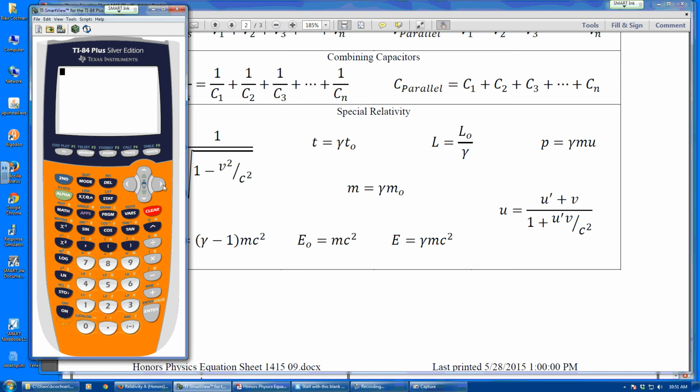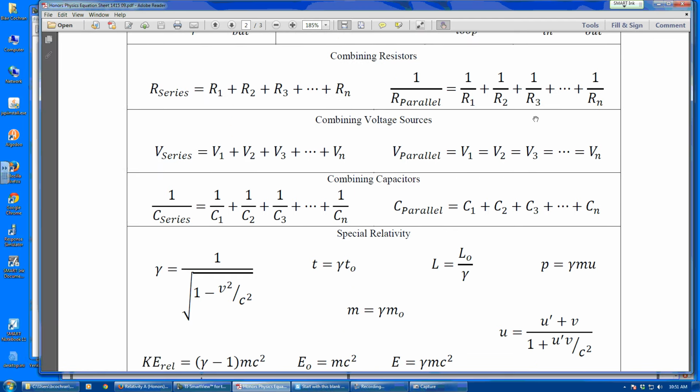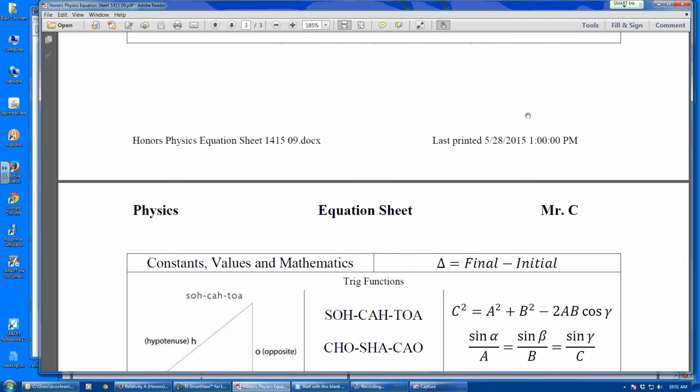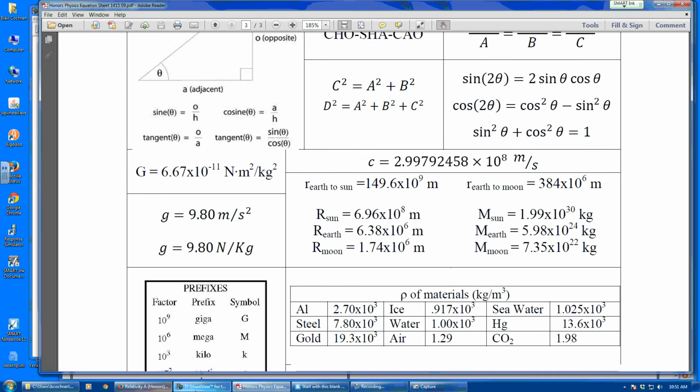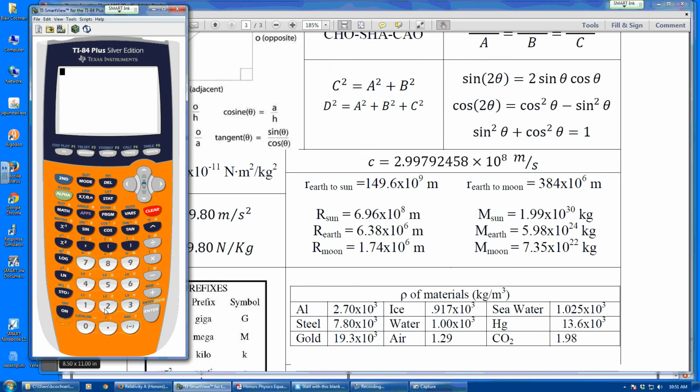I'm going to put in the value of c, which I have right here: 2.9979245 times 10 to the 8.